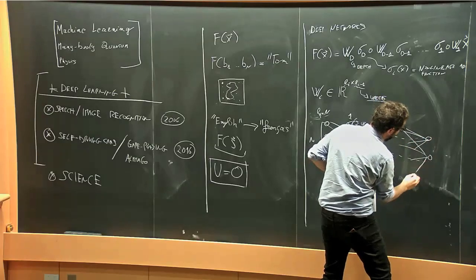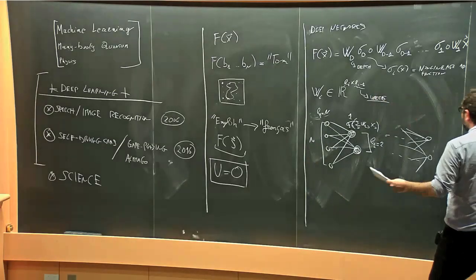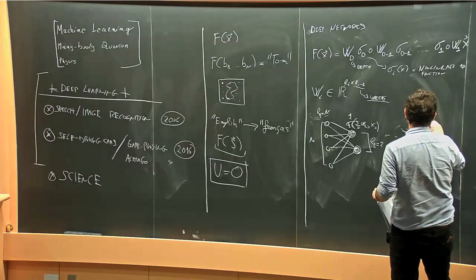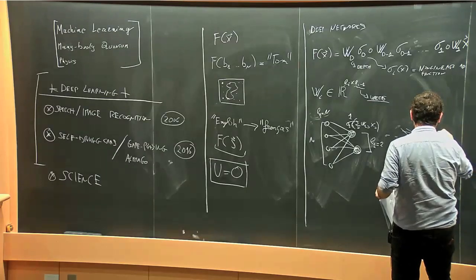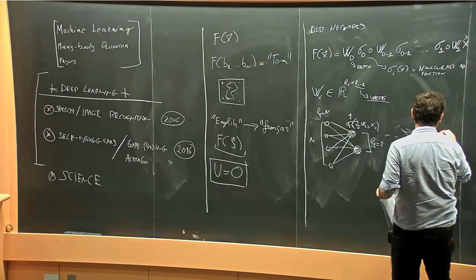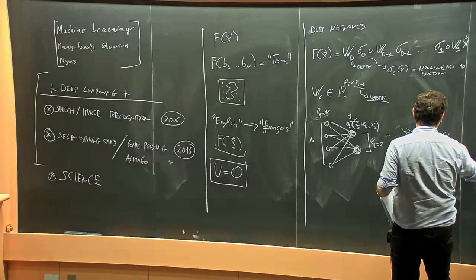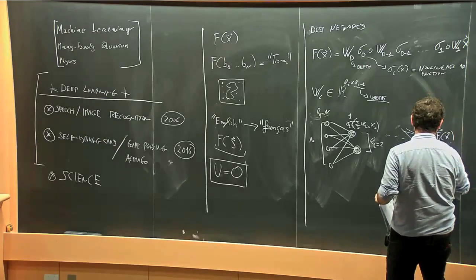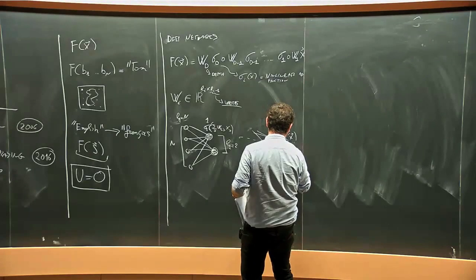Right? And the output of my network will be simply the last layer, LD, and that quantity will correspond to the result of my function, which in general can be a vector function. Okay?